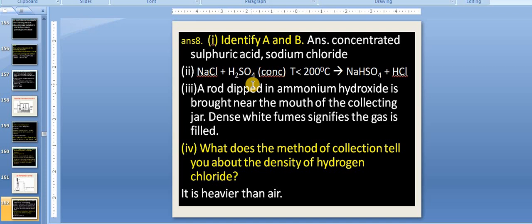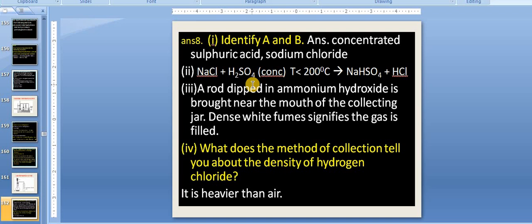Okay, next part is the temperature less than 200 reaction we have to write. And the third question was how we can check that the gas jar is full of hydrogen chloride. You can bring a rod which is dipped in ammonium hydroxide solution, and when brought near the mouth of the collecting jar, it will give dense white fumes.